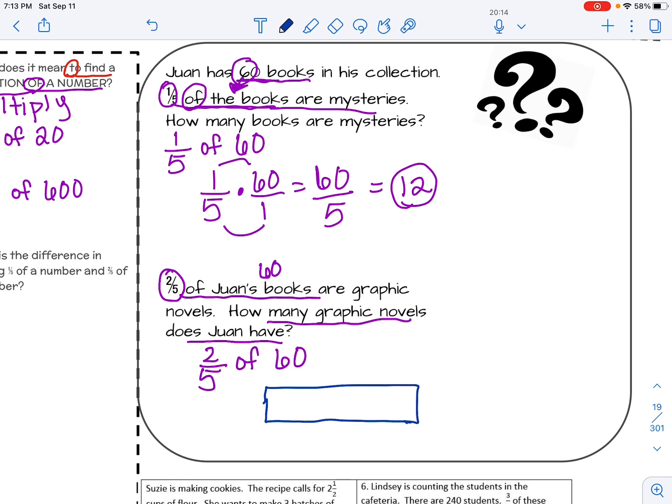So I know that if I had a total of his books, this can equal 60. And I know that his whole book collection would be 5 over 5.